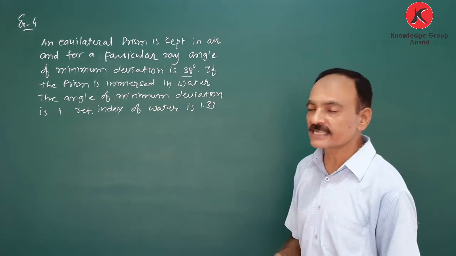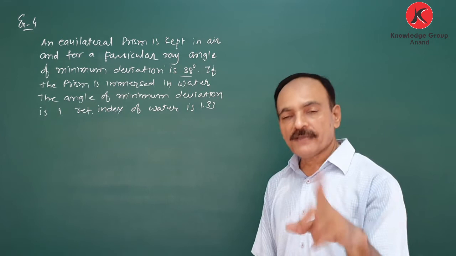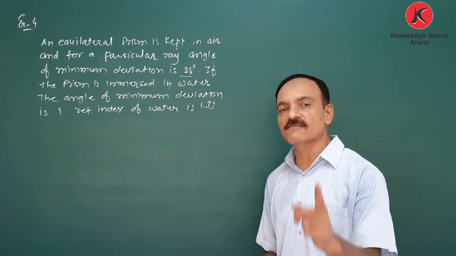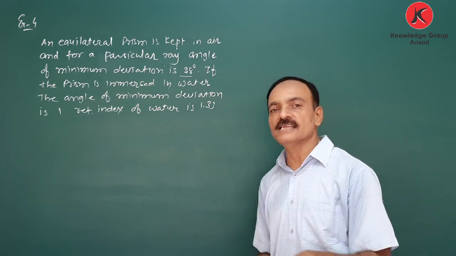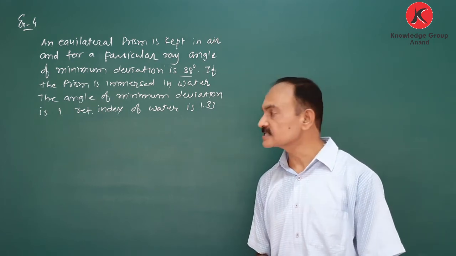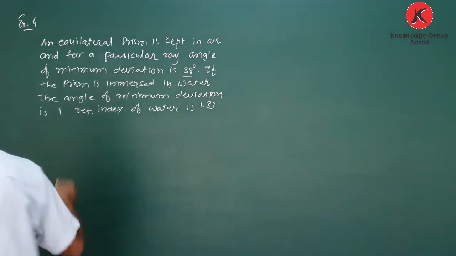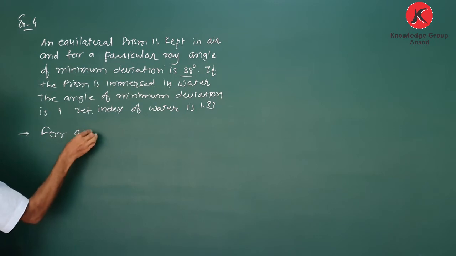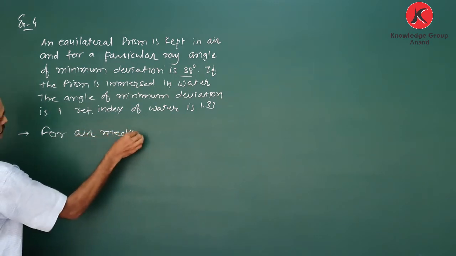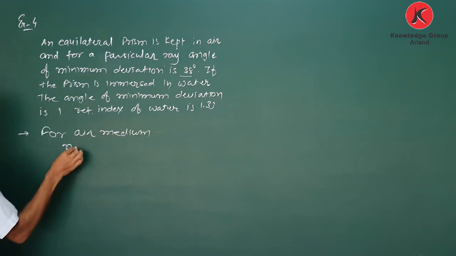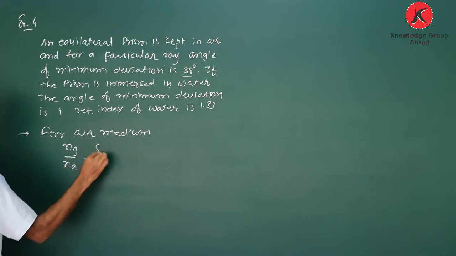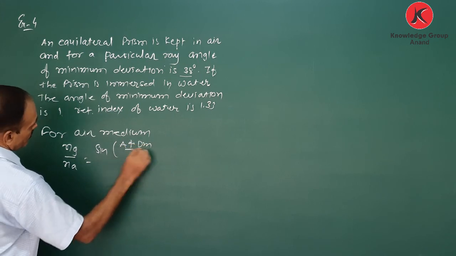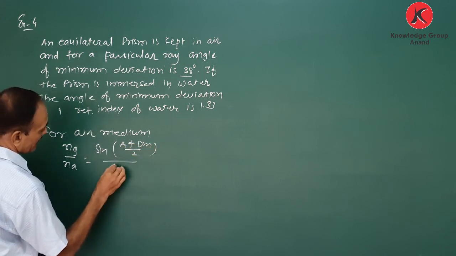Here we are using the equation of the refractive index of the material of a prism with respect to the medium, which is equal to sin of (A plus delta m) by 2 upon sin A by 2. Therefore, for air medium, Ng upon Na is equal to sin (A plus dm) by 2 upon sin A by 2.